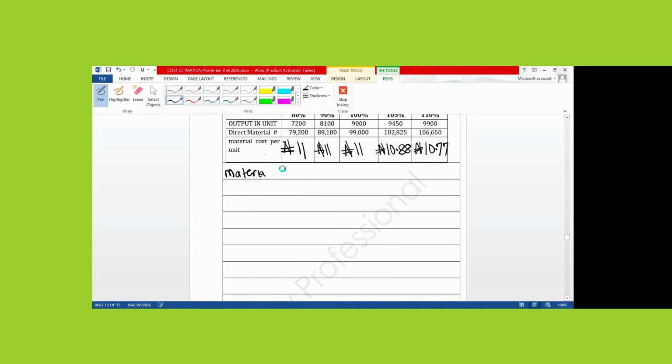Material cost per unit is 11 naira when production is within 100% level.